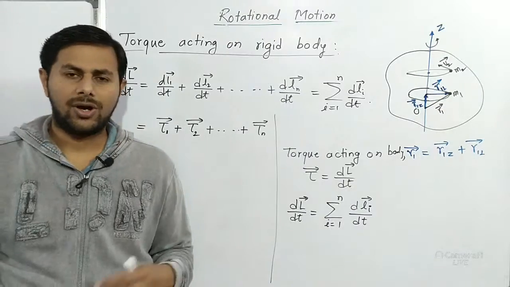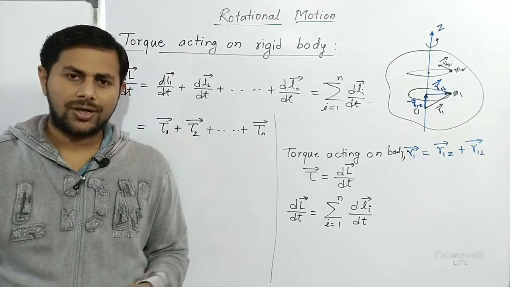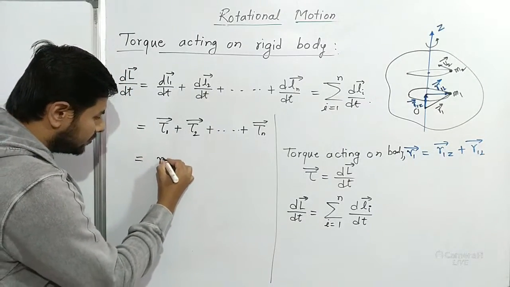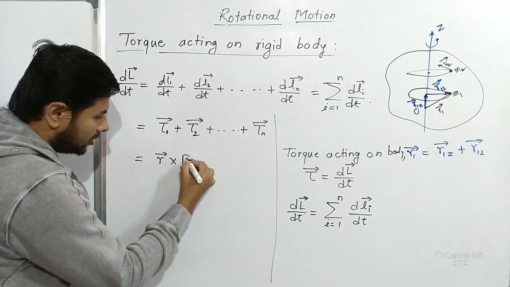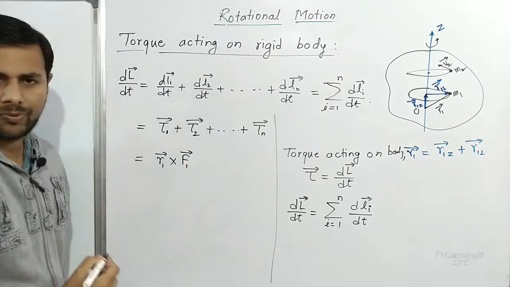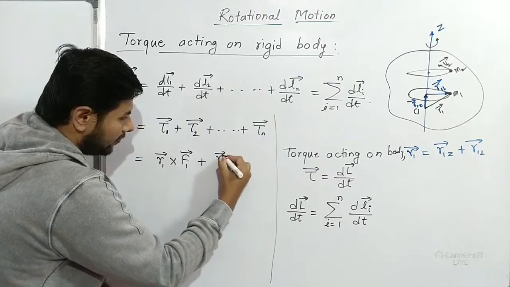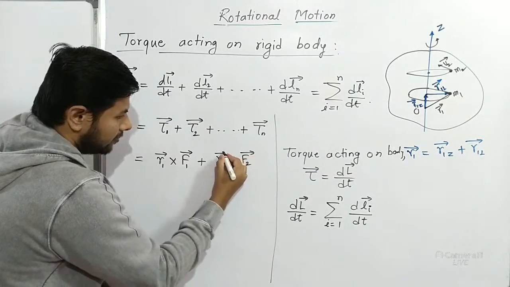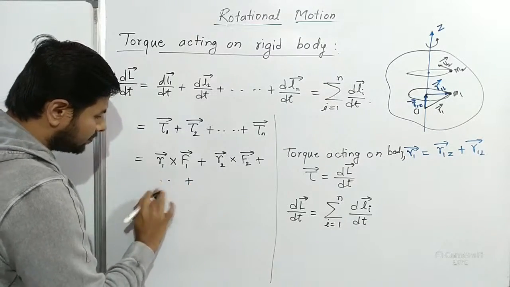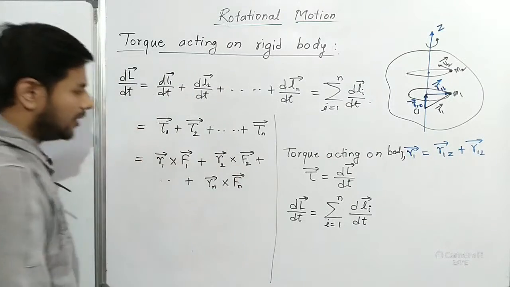Now torque can be written as what? We saw in the last class that torque is R cross F, so R bar crossed with F bar. For the first particle it is R1 bar cross F1 bar, plus for the second particle R2 bar cross F2 bar, plus so on and so forth up to the nth particle, Rn bar cross Fn bar.